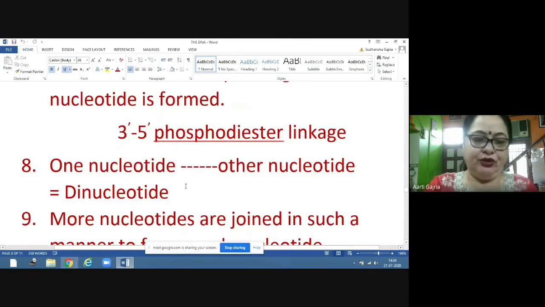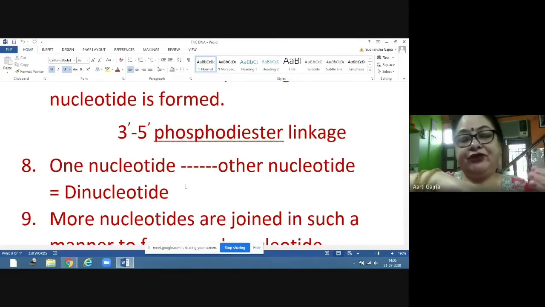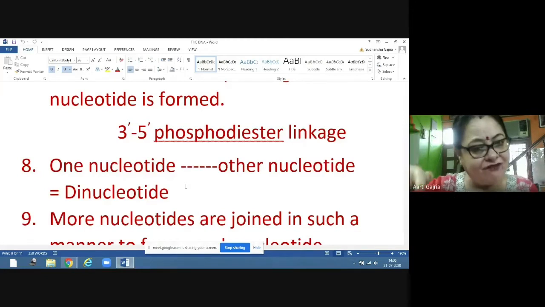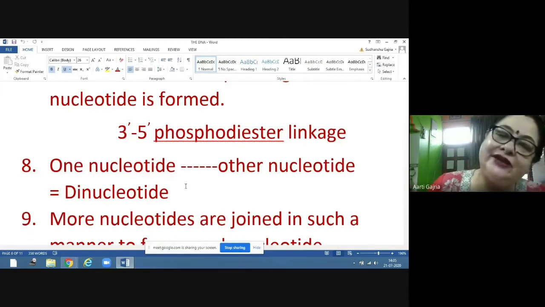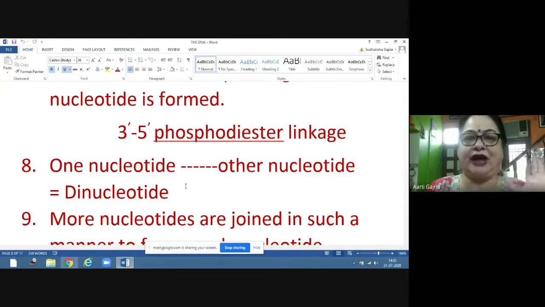So between two nucleotides there is a phosphate. The phosphate is joined with one nucleotide at the 5th carbon and with the other nucleotide at the 3rd carbon. So this bond is called 3 prime 5 prime phosphodiester linkage.